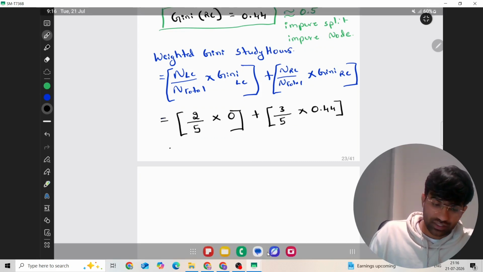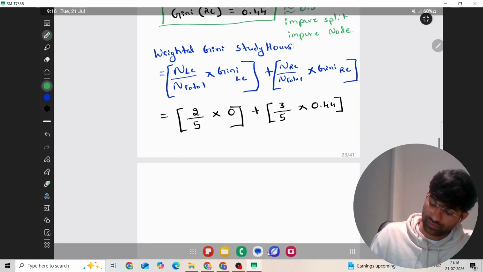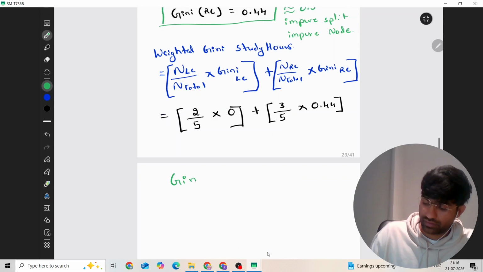So the Gini impurity of study hours is equal to 0.266.